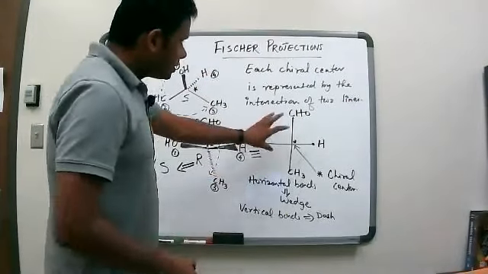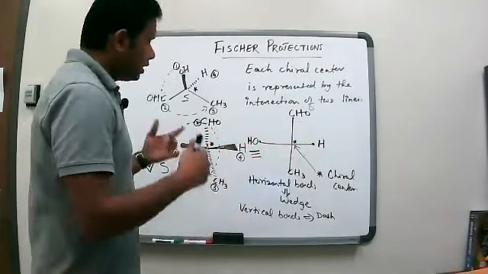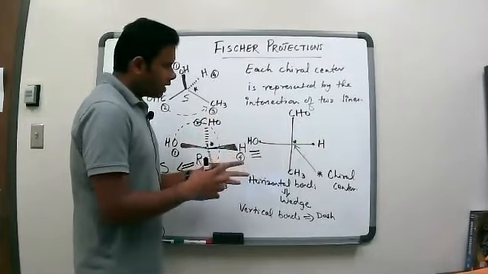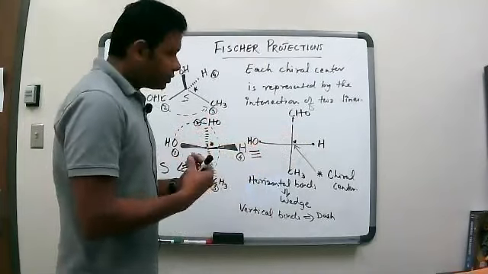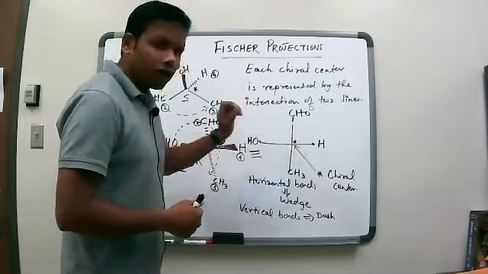And this is how you would see a Fischer projection most of the time. But just to recapture it, when I see a Fischer projection like this, what I need to know is that at the intersection here, there is a chiral center.